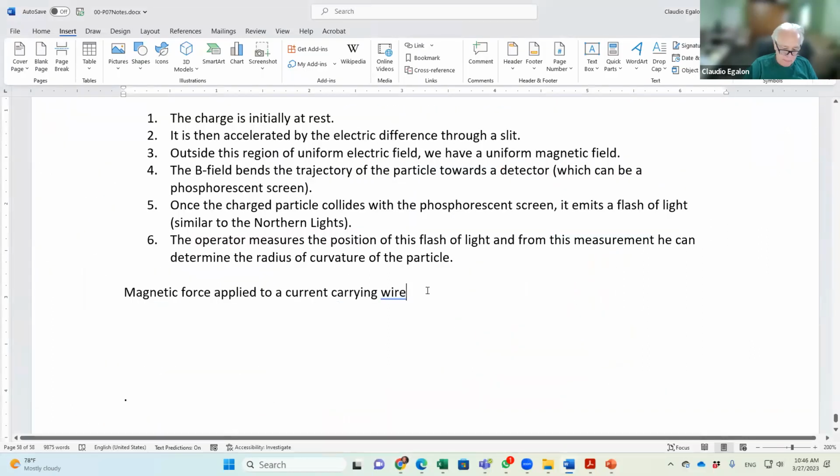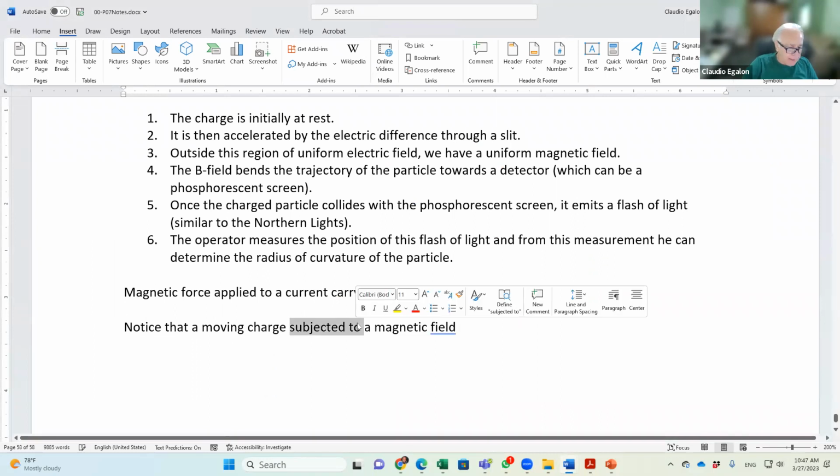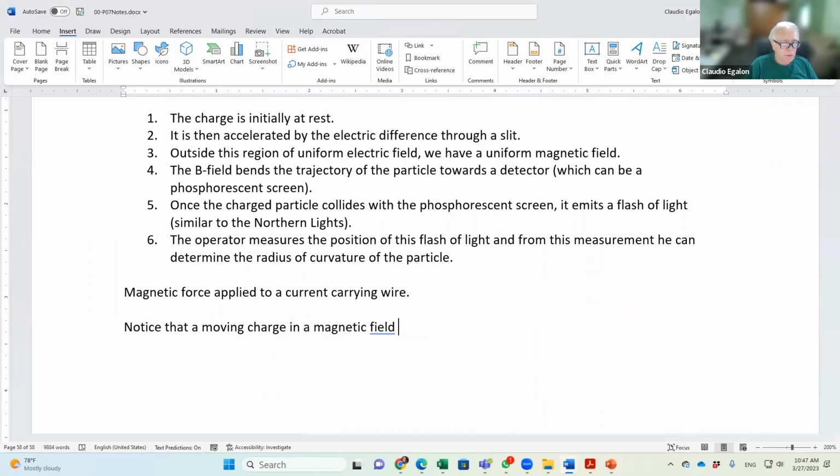Note that a moving charge in a magnetic field is subjected to a magnetic force, right?